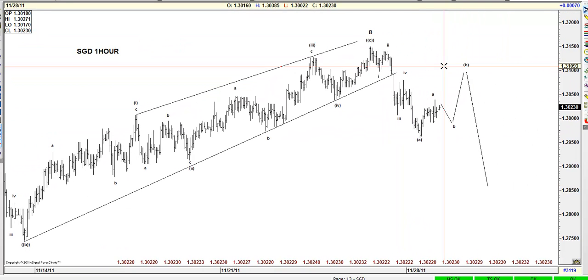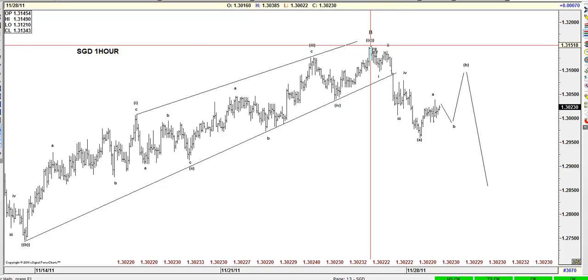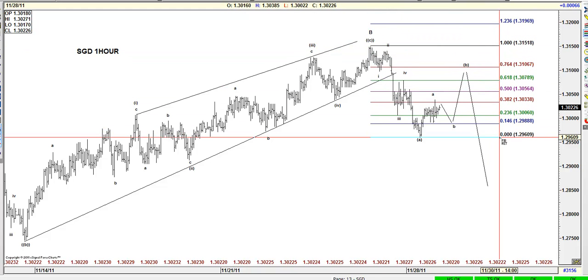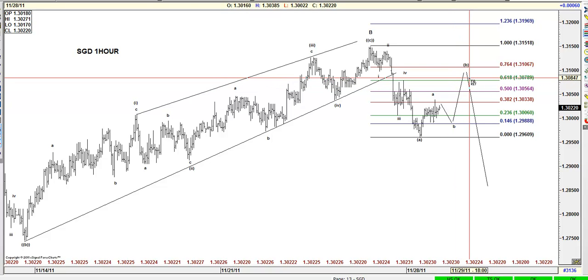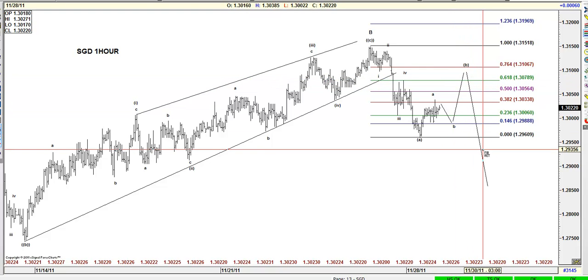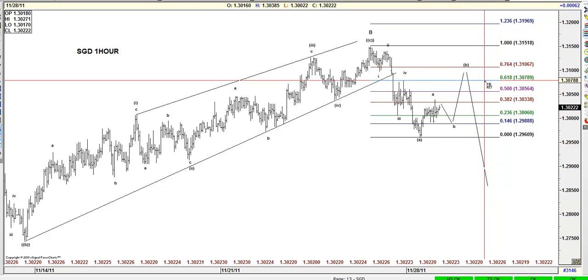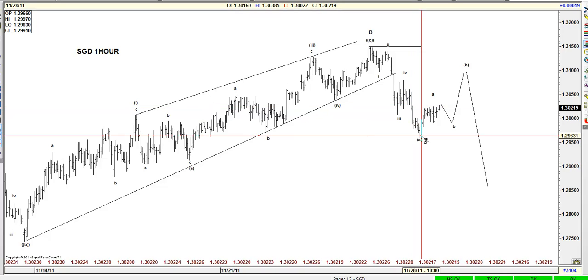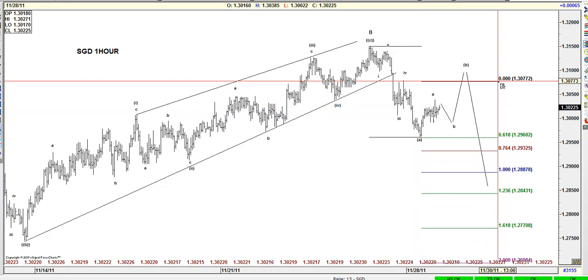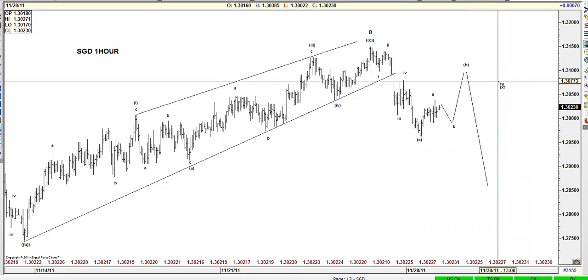Now, right here, we recommend selling the pair around 130.56, 130.79, and then lower to an open target, at least to the equal legs. If that is the case, it can take the pair to around 128, so a good 250 pips right there. We're going to send this trade later on the service.